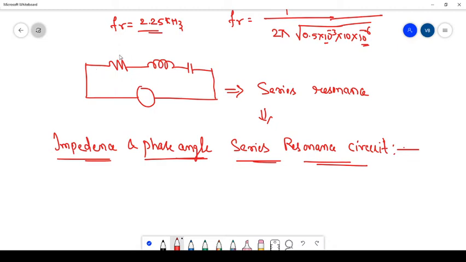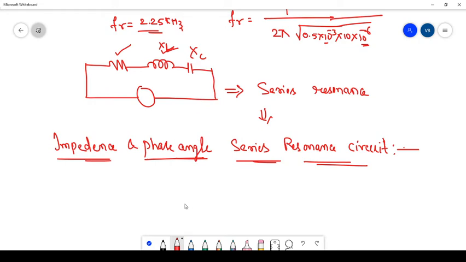Impedance is nothing but the total resistance of this circuit, made up of the resistance of the resistor, and XL or XC. XL is the reactance of the inductor, XC is the reactance of the capacitor. So what is the total impedance of this circuit? The resistance value plus the reactances of the inductor and the capacitor.